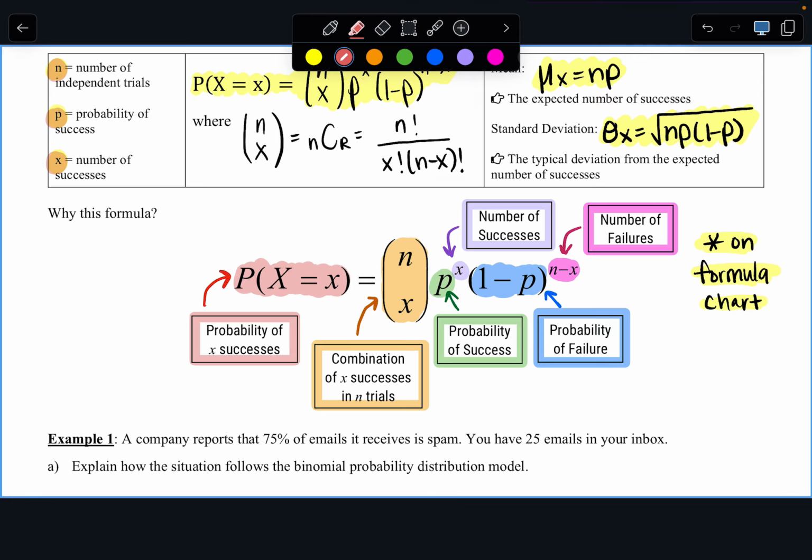With the probabilities, you want a certain number of successes and you want a certain number of failures, depending on what number you're interested in. So we literally just plug into this formula. Now, the nice thing is our calculator has a way of doing these combinations.